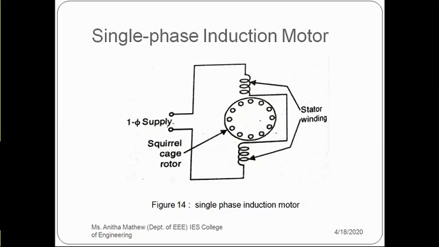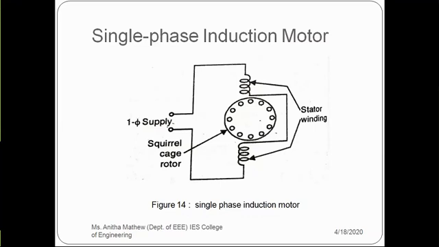But here, rotating magnetic field is not produced because we are providing only one phase. Here a pulsating magnetic field is produced. It cannot cut the rotor conductors and cannot induce EMF. So the single-phase induction motor is not self-starting.